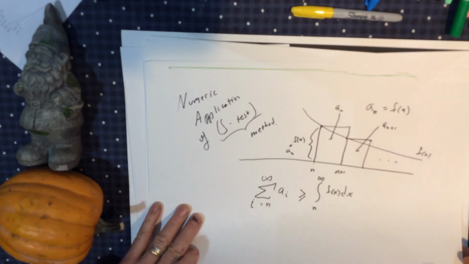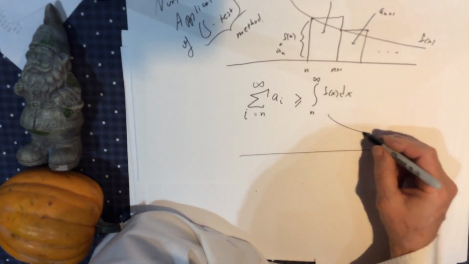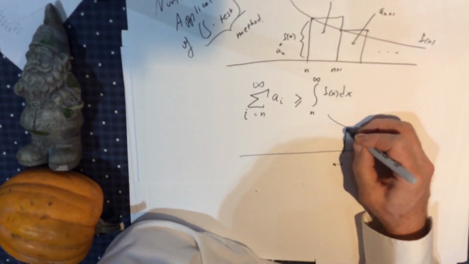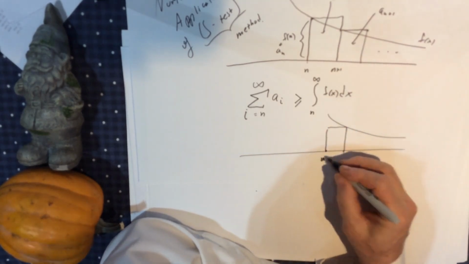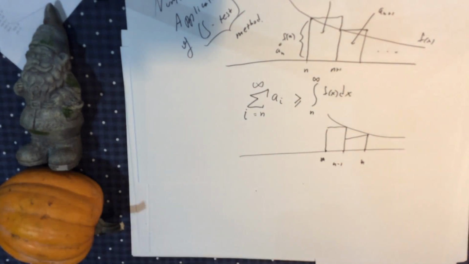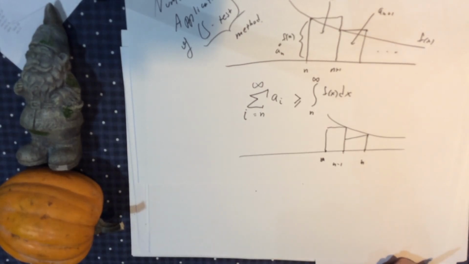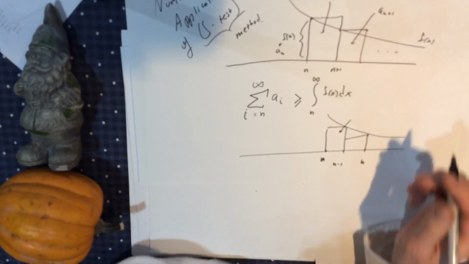So, I am going to start at n minus 1, go up here over, here's n, up, over, so this, oh, made a mistake.